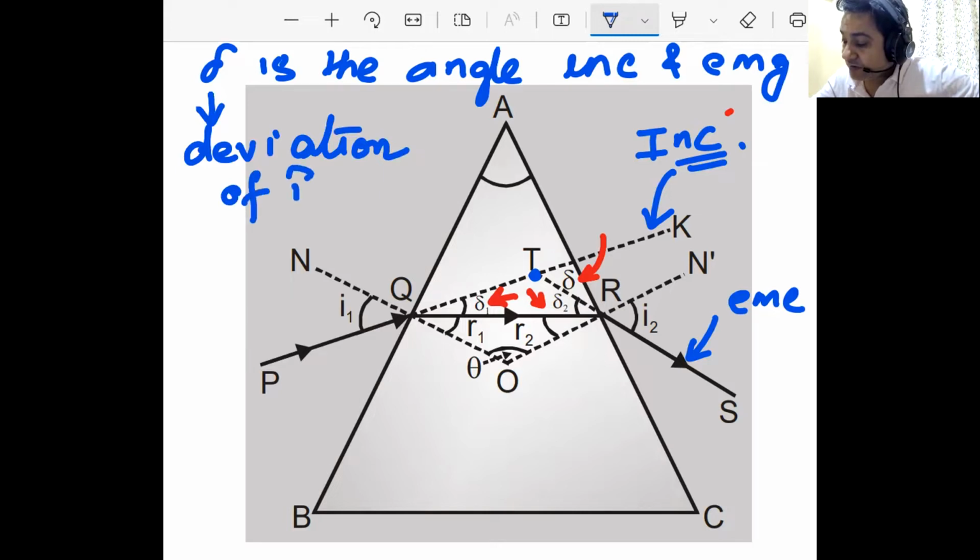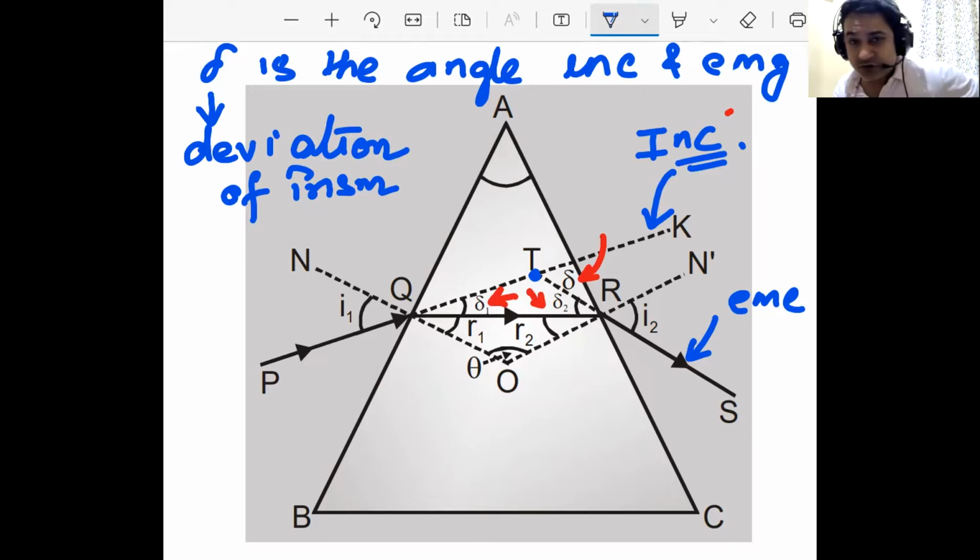The ray which is coming in is known as the incident ray. The ray which is going out is known as the emergent ray. The angle between these two rays is known as the angle of deviation for the prism. Do we understand this? Yes, sir. And that is where I am going to wind up today's class. In the next class, we will understand more about this.